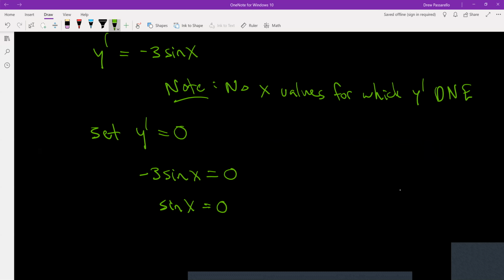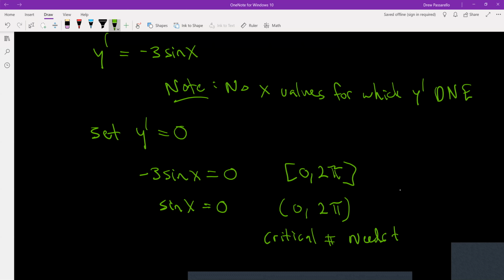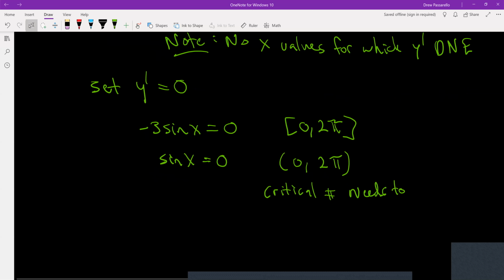Now keep in mind our closed interval is 0 to 2 pi. Any critical number that we get needs to be between 0 and 2 pi in the open interval. So critical number needs to be inside of the interval. So, all right, so when is sine going to be 0?